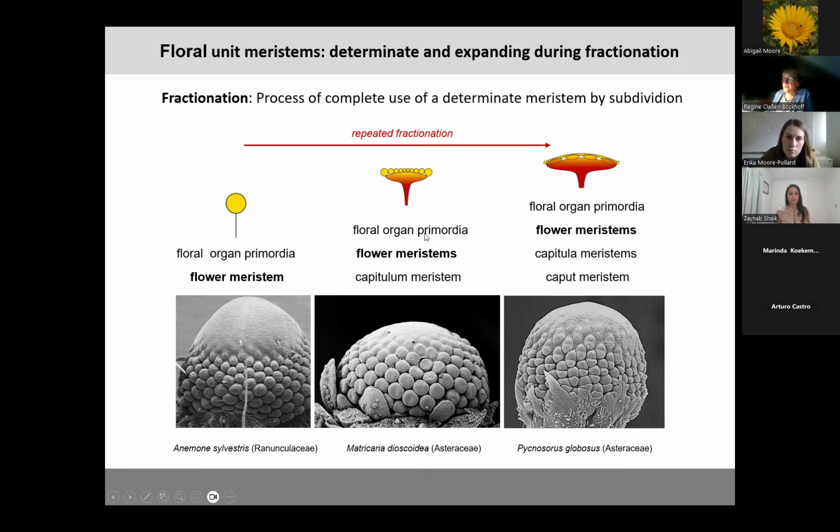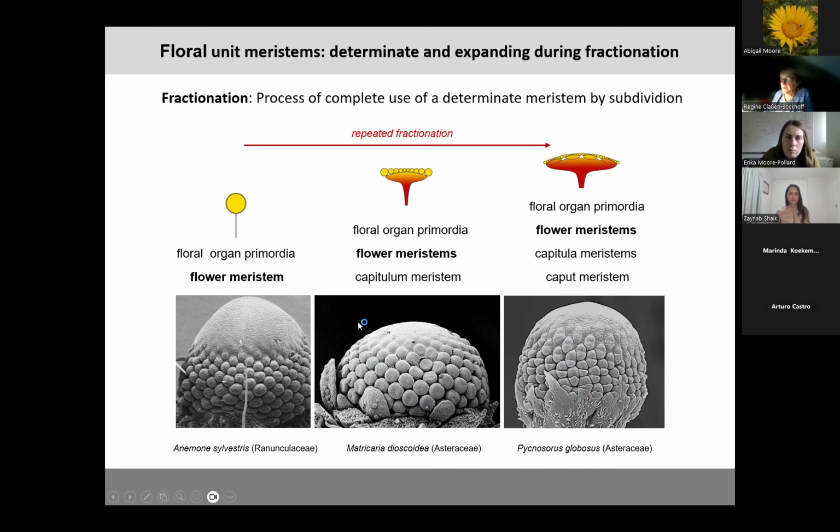In a flower meristem, these subunits are floral organ primordia. In the capitulum meristem, the subunits are flower meristems, which will fractionate floral organ primordia in the second step of fractionation. And in more complex units, we have capitular meristems, which will fractionate flower meristems, which will fractionate floral organ primordia.